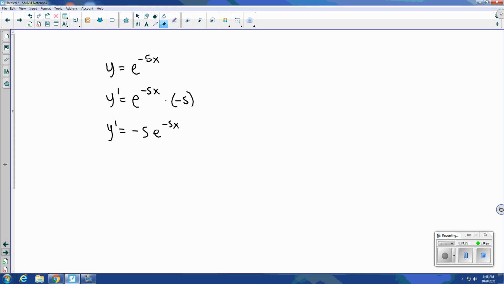So remember, power functions, base equals variable. Exponential, base equals number.